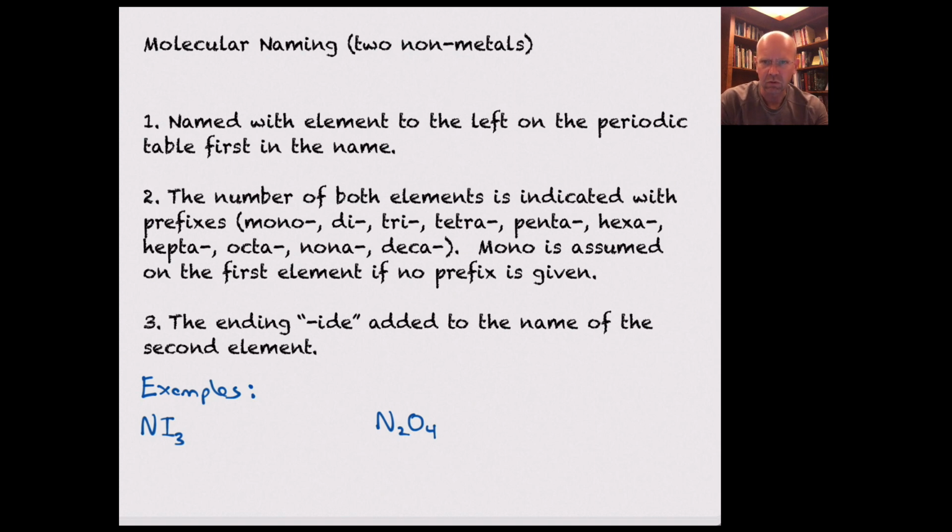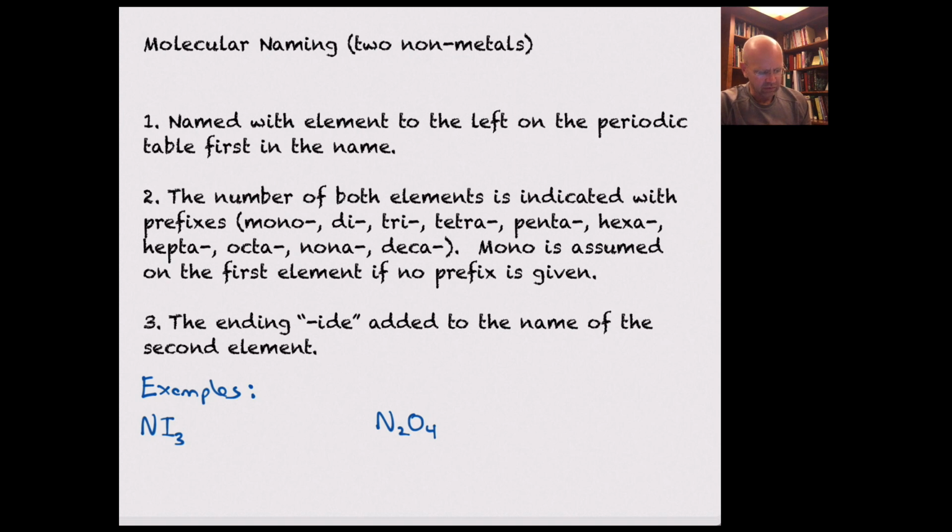It's not technically wrong, but it sounds weird when you put mono in front of the first element, so it's typically left off. And the ending of the second element is IDE. Remember, we looked at the elements in the periodic table, and we saw that all of them had IDE last names, and that would be the name of the second element.